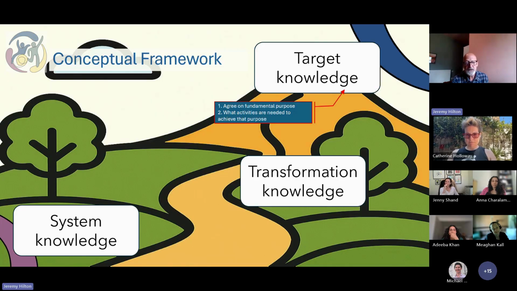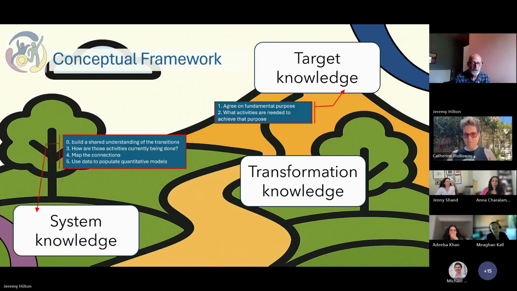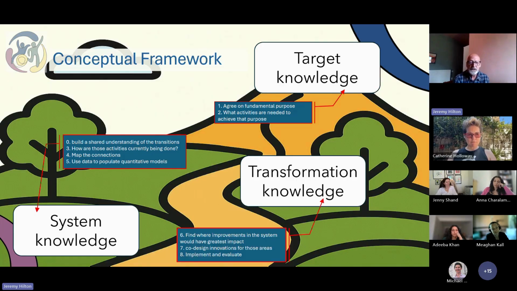So we can look at the target knowledge, that's steps 1 and 2, and the system knowledge: building that shared understanding, how activities are being done currently, mapping connections, populating quantitative models and so on, to give us an understanding of the system as it is. And then we've got to look at how we can improve it with co-design and implementation, to take the system we've currently got to achieve the target that we've got.